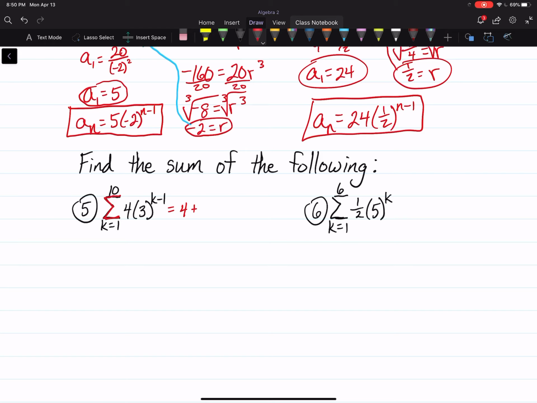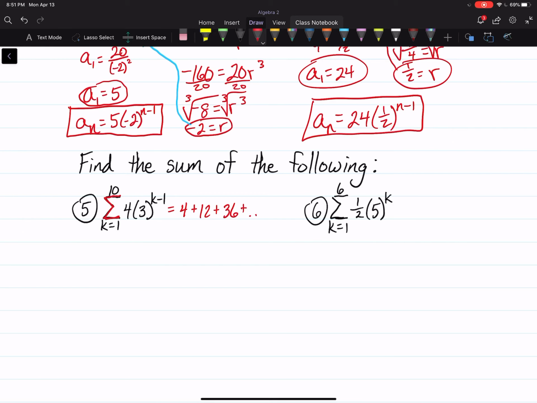Plus, if we plugged in 2, we would have 4 times 3 to the 1 power would be 12. Plus, if we plugged in 3, that'd be 3 minus 1 would be 3 squared is 9 times 4 is 36. And as you can see the pattern, they keep multiplying by 3 every time, okay?